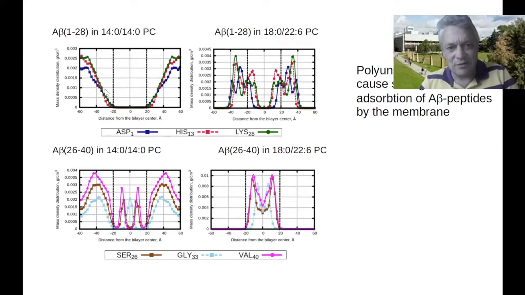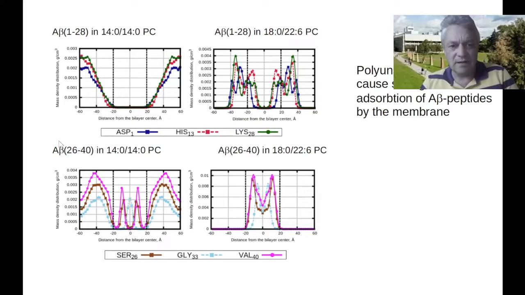You see that the amyloid peptide here is mostly outside the membrane, but if you have unsaturated lipid, then the same peptide partially goes inside the lipid, and so it is concentrated more in the head group area of the lipid bilayer.